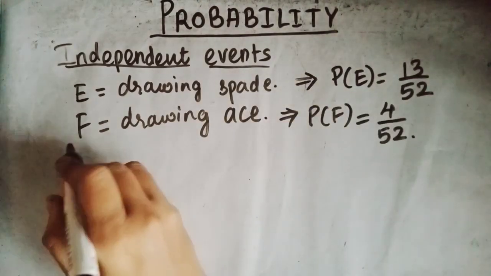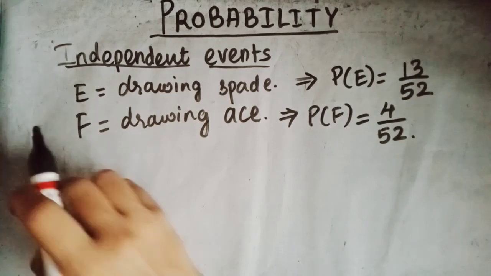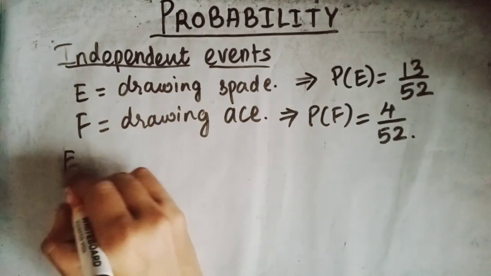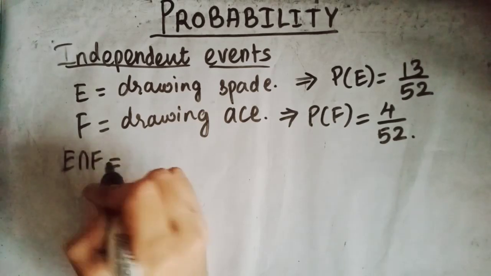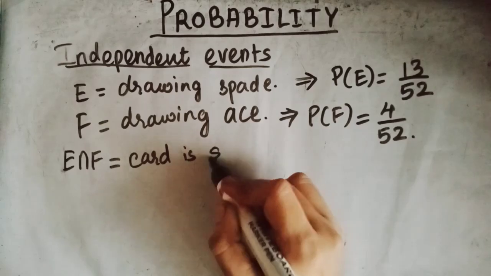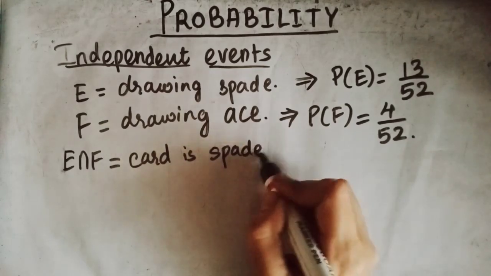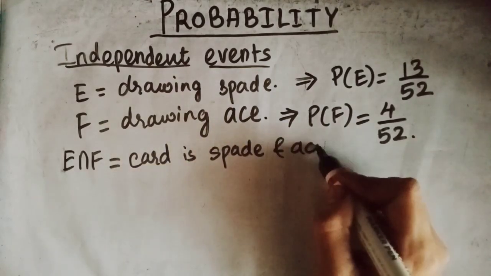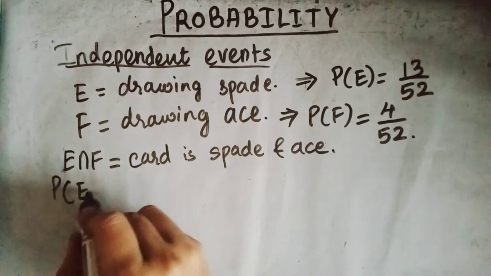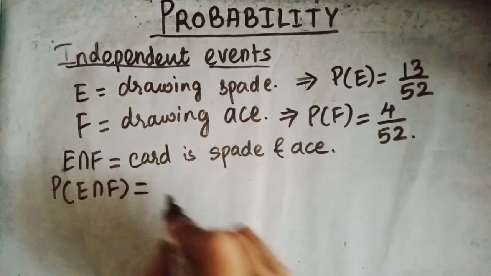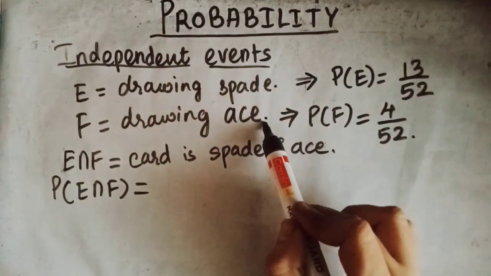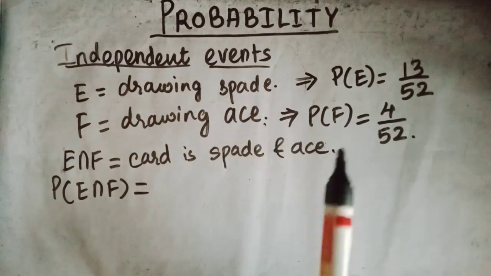Now the event which is in the intersection, that is, a card is a spade and also an ace. So the probability of this event will be, spade and ace, there will be only one card, right?